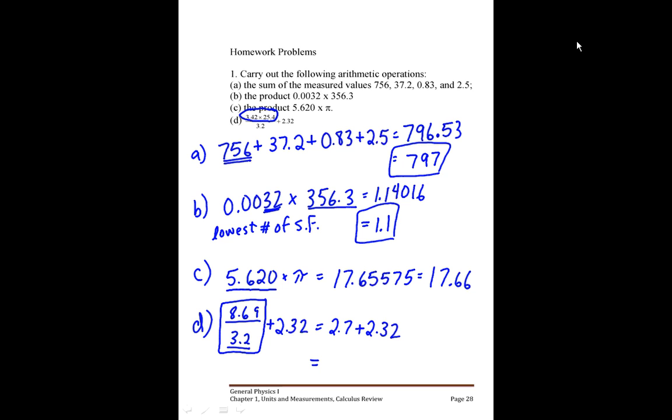And then I will add those 2 numbers together. So I do my multiplication and division first, and then I do my addition and subtraction. I keep 1 decimal place, the lowest number of decimals for addition and subtraction. That's 1 decimal place, and so I get 5.0. And so that is the correct answer.